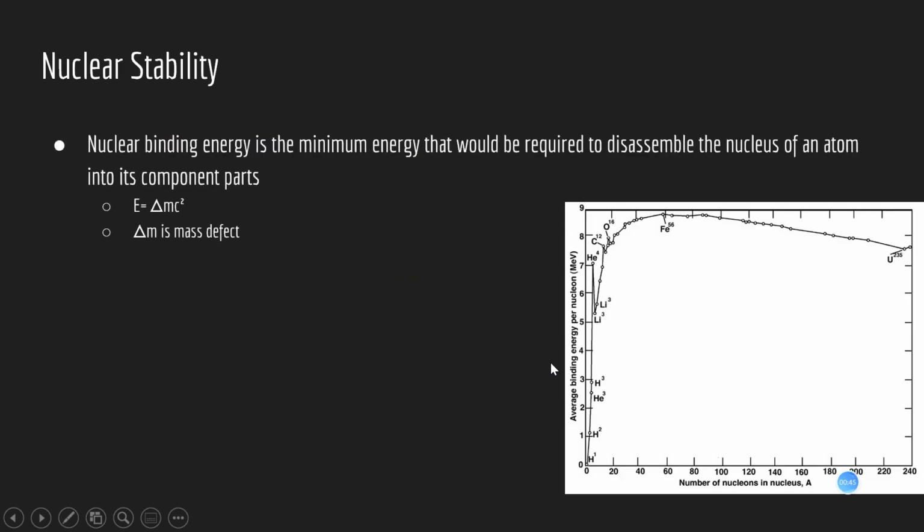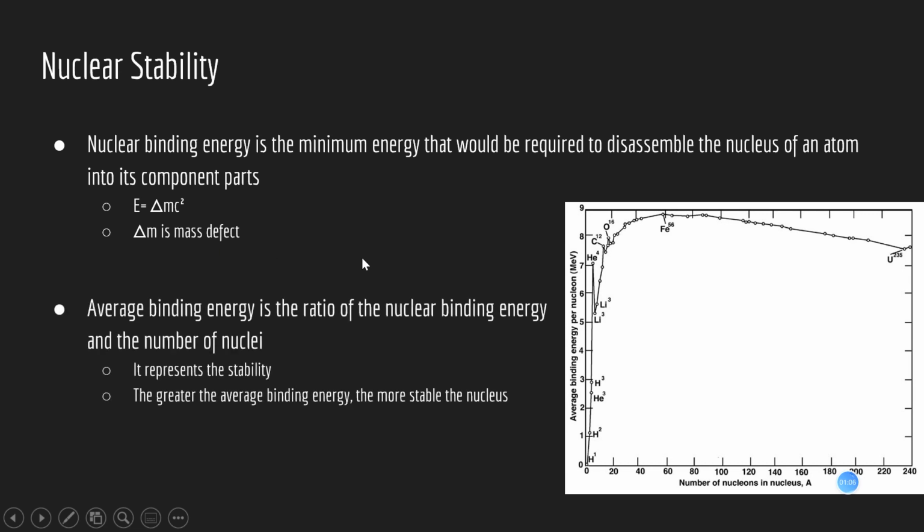Nuclear binding energy is the minimum energy that would be required to disassemble the nucleus of an atom into its component parts. It can be expressed in this equation, E equals delta m c squared, in which delta m is mass defect.